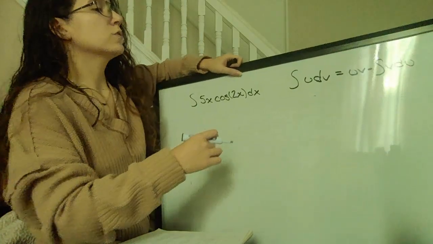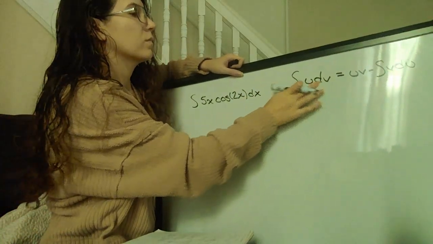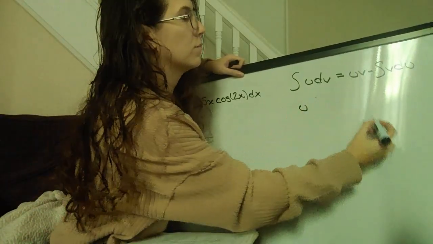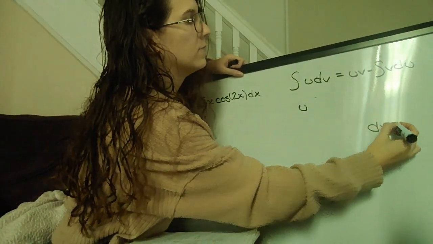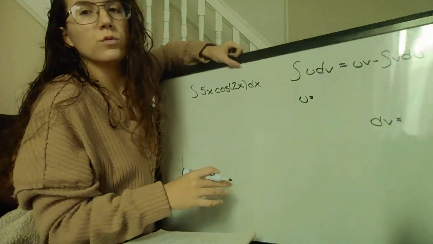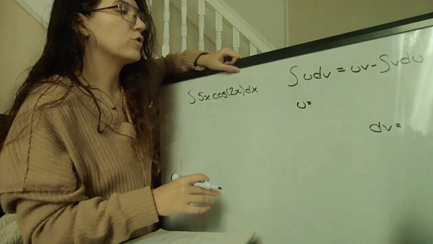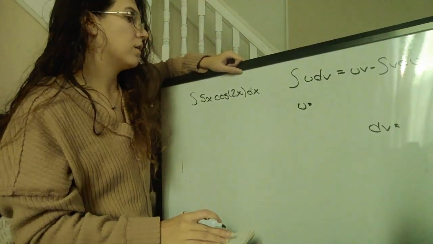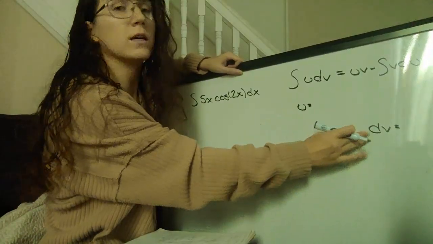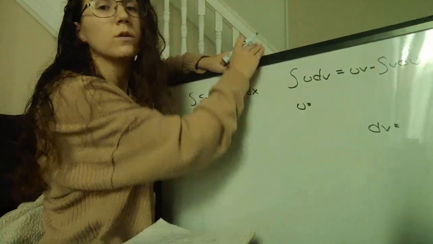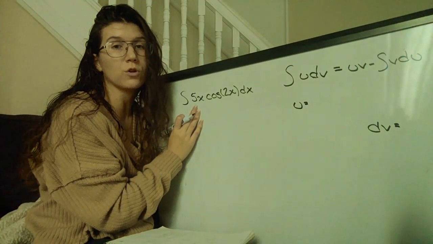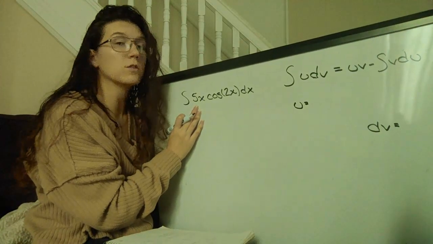Normally we set this up as u equals something and dv equals something. We have to take the derivative of whatever we set u equal to, and we have to take the integral of whatever we set dv equal to. Normally, if you have a linear expression, taking the derivative basically takes our funkiness away.